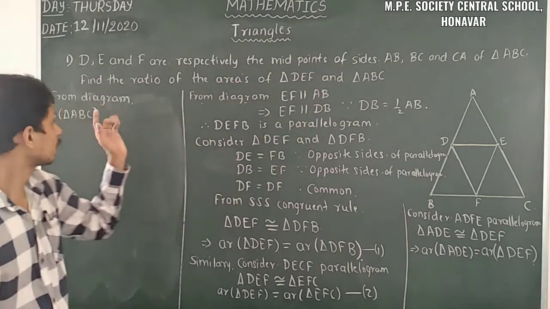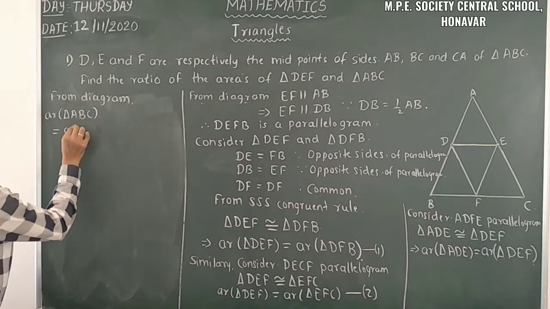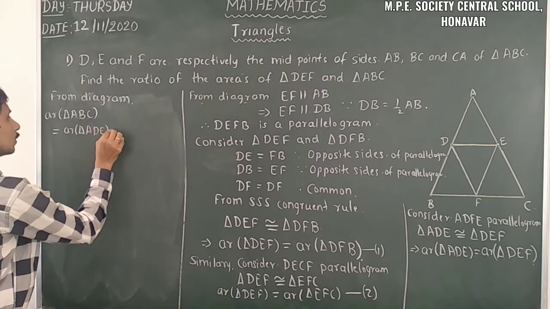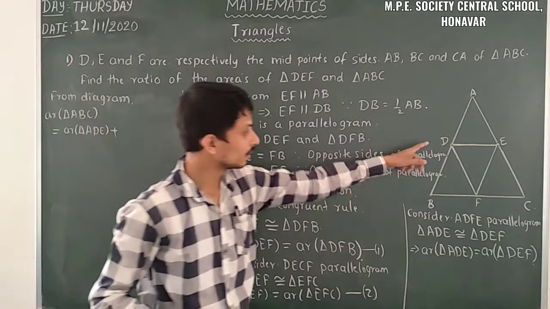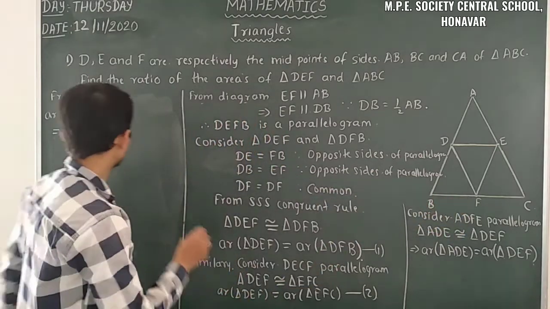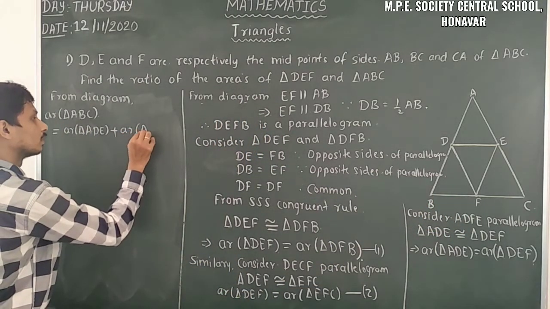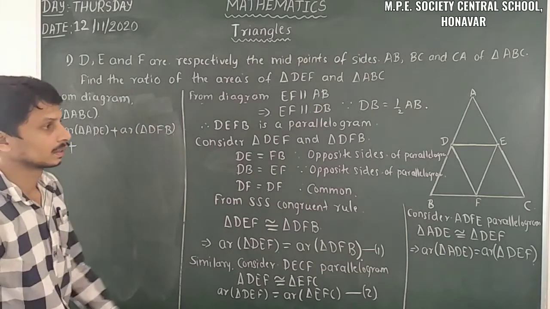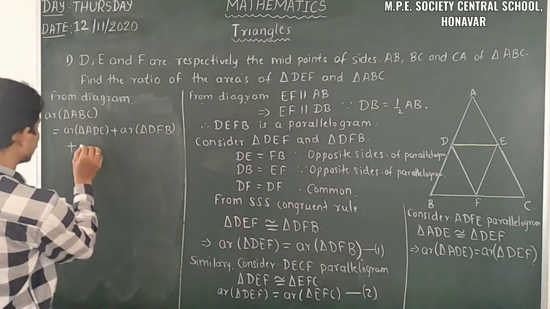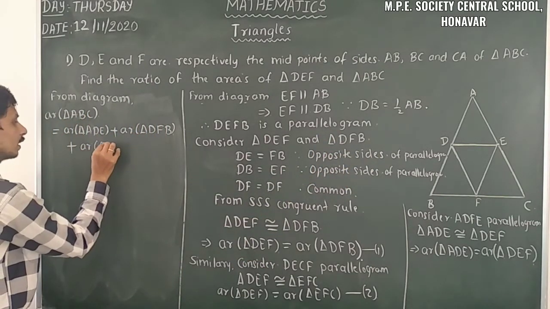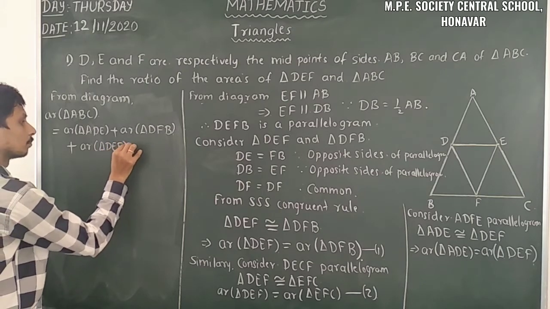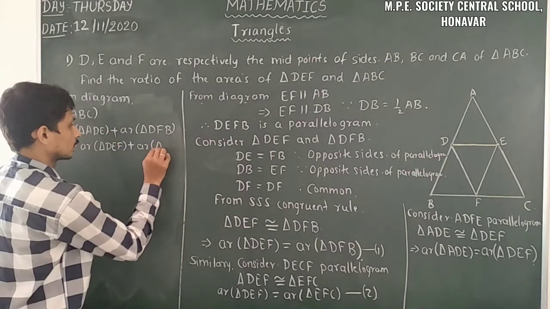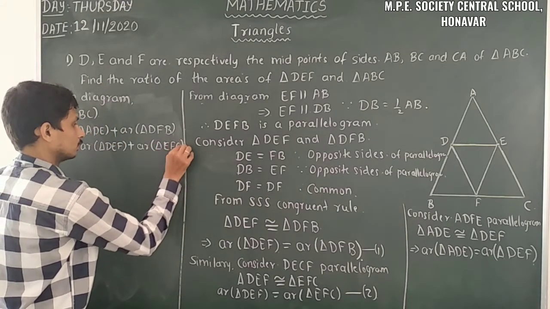So here area of triangle ABC is equal to area of triangle ADE plus area of triangle DFB, then plus area of triangle DEF, plus area of triangle EFC.